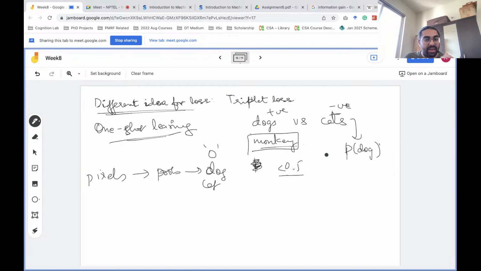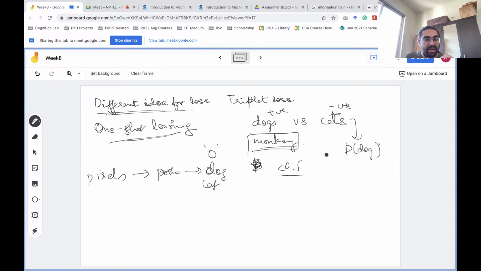So can I build something in this format? I can actually extend it to multiple classes also, because I can say, does it belong to class 1, class 2, class K, or none of them, right? So this sort of approach is what they were after.